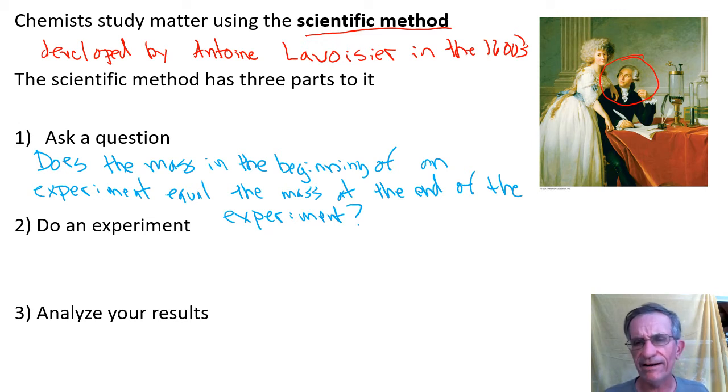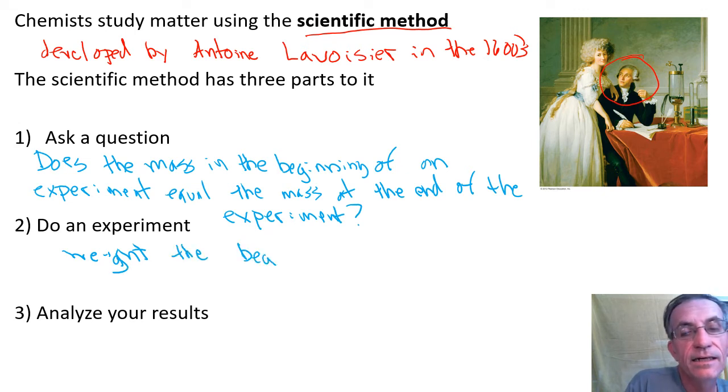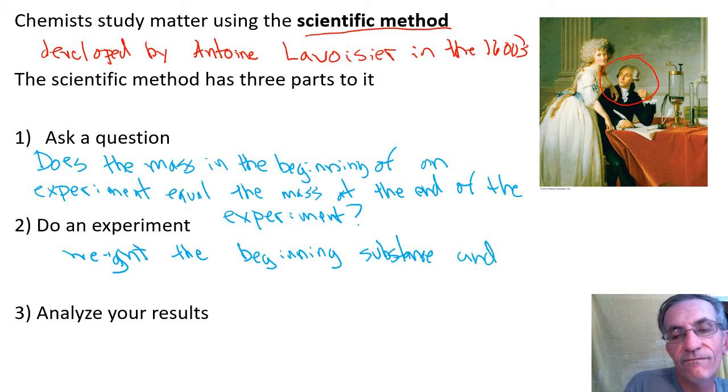Well, how would you figure out if the weight was the same in the beginning as at the end of that experiment? The way you would do it is you would do an experiment, and all you would need is a scale, right? You would weigh the beginning substances and final substances.